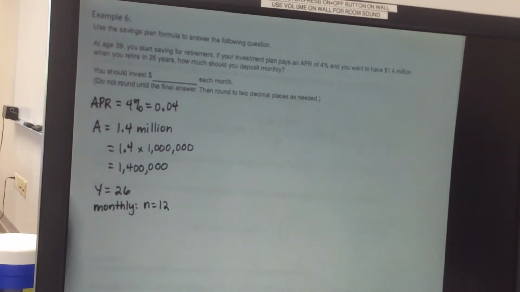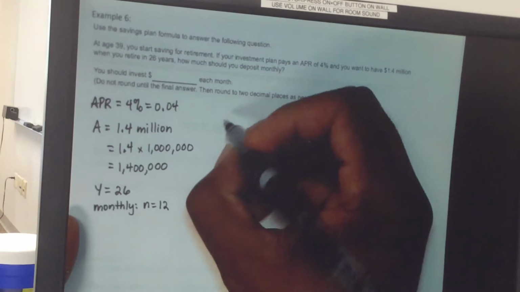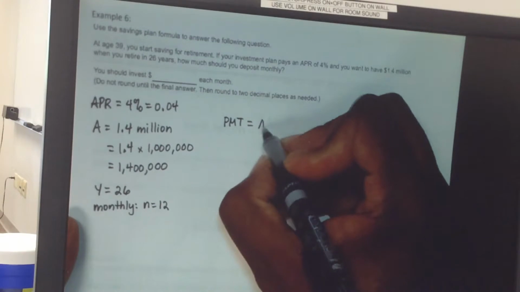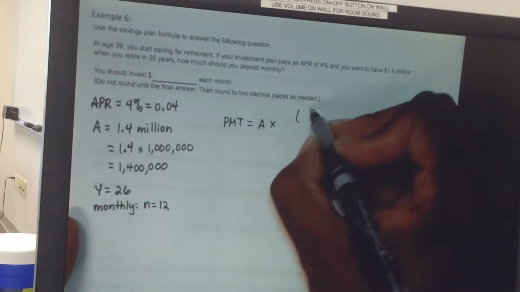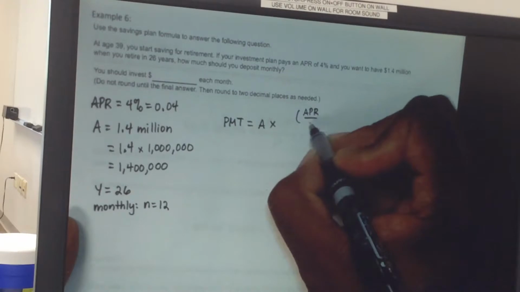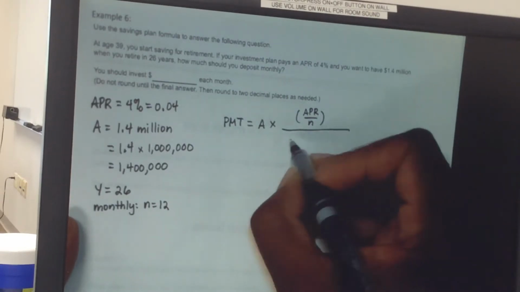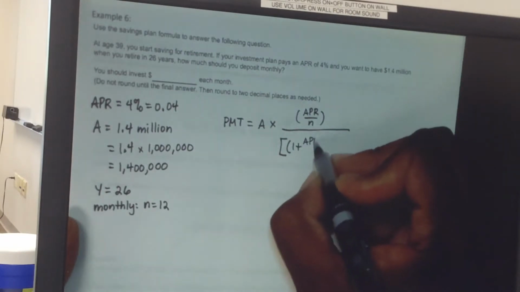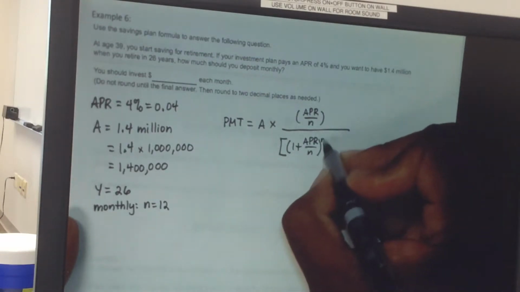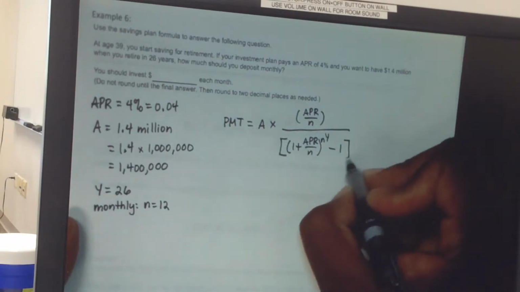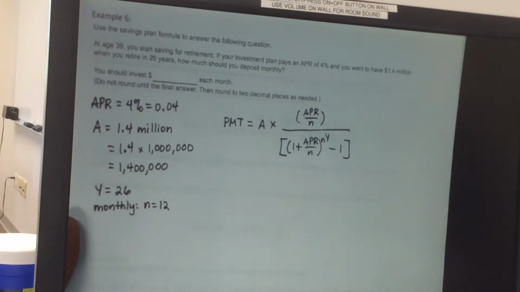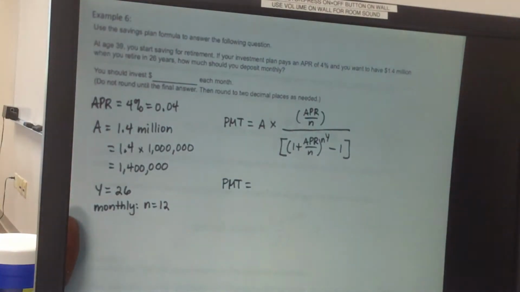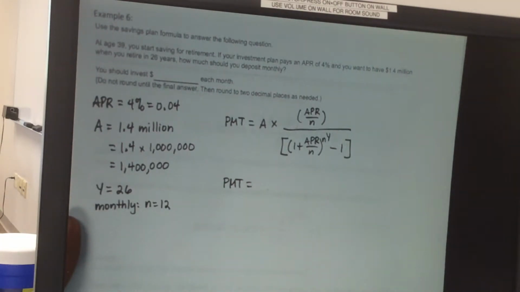Okay, so we're going to use that formula that we just used in example 5 to find out what the payment is going to be. PMT is equal to A times APR divided by N, or divided by the quantity 1 plus APR divided by N raised to the N times Y minus 1. So here your PMT is going to be equal to this.